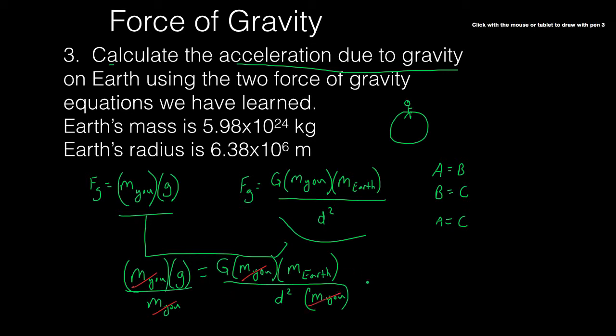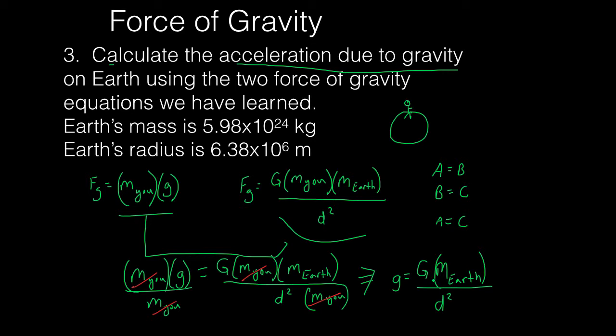And so if you rewrite this equation, you're going to be left with g is equal to big G, which is the constant, times the mass of the Earth, all over the distance between you and the Earth squared, which is the Earth's radius, so distance squared.